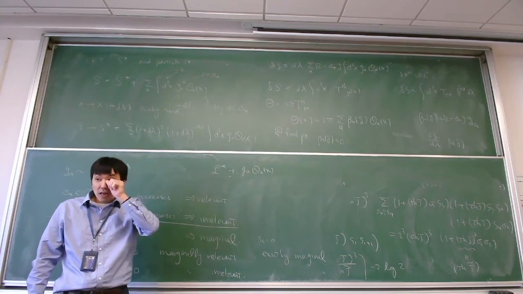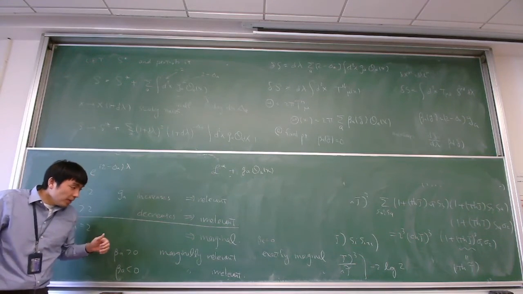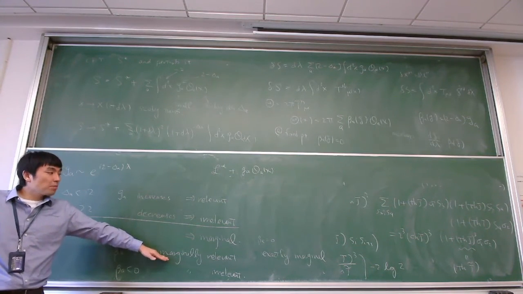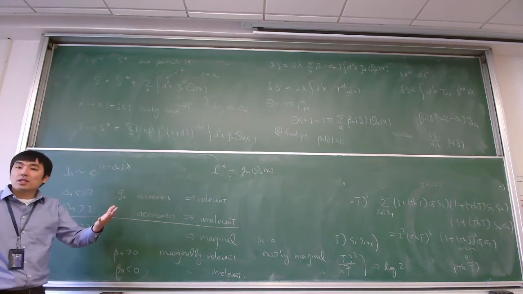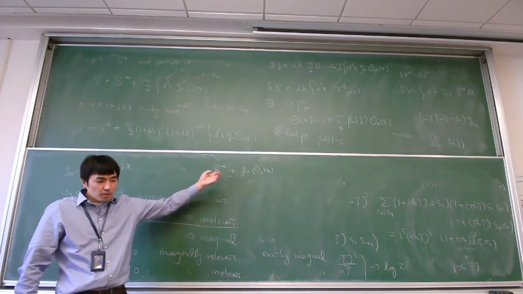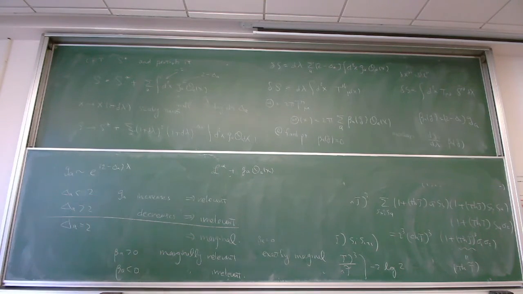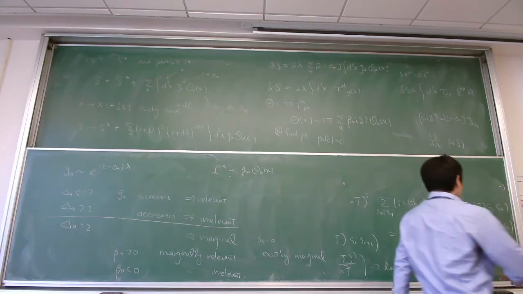So it's called an exactly marginal deformation. On the other hand, if you add a marginally relevant or relevant operator, the theory actually flows to somewhere else, most likely to another CFT. So it's no longer a CFT.